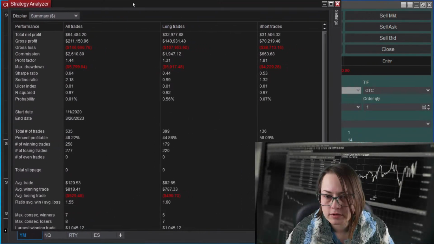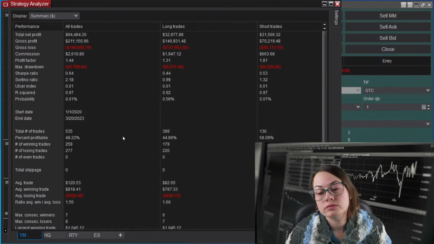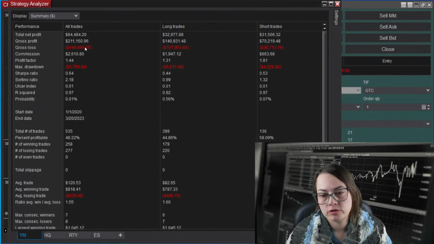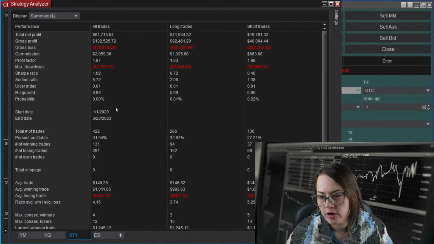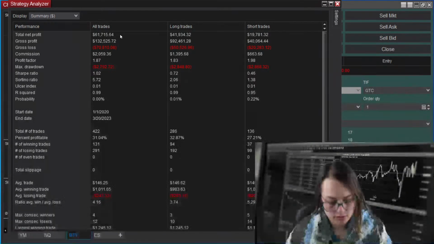Here's our start and end date, our max drawdown, gross loss, gross profit, and total net profit. 2 minutes later, we could see the Russell fire off, and there is our start and end date, our max drawdown, gross loss, gross profit, total net profit.